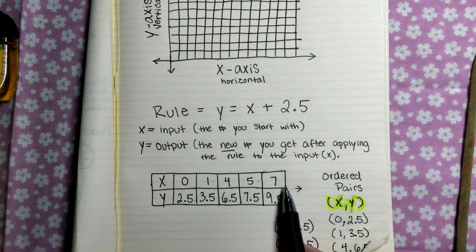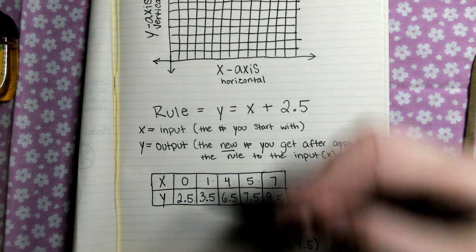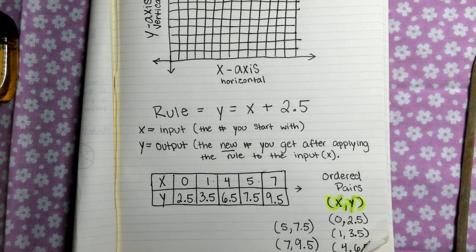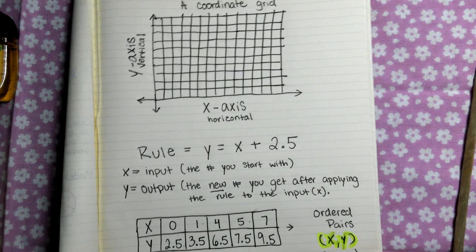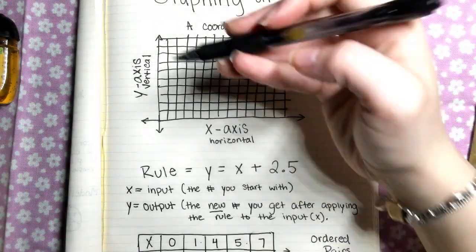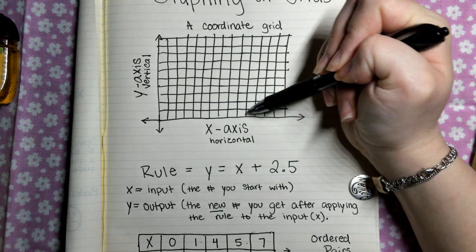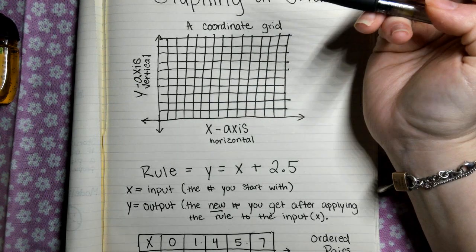Let's look. The highest data for the x-axis will be 7, and the highest data for the y-axis will be 9.5. Okay, that's manageable, right? I think we can just get by with labeling each one 1. Because let's see, 1, 2, 3, 4, 5, 6, 7, 8, 9, 10, 11, 12, 13, 14. Oh, okay.